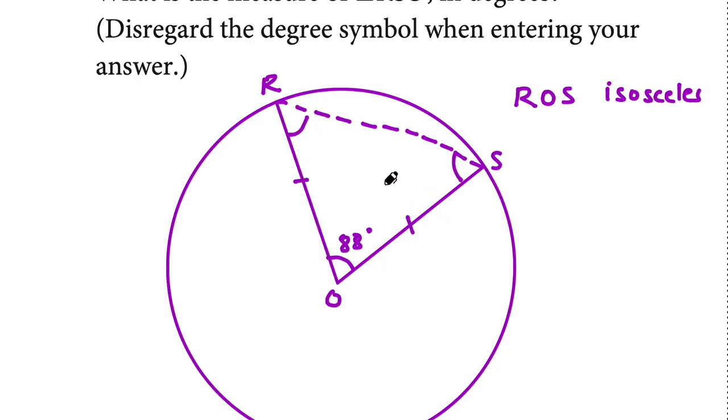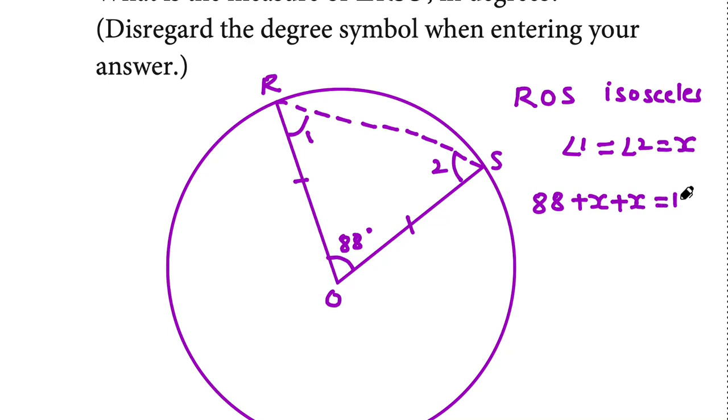If I apply the angle sum property of the triangle, let's say this is angle 1 and this is angle 2. In this case, angle 1 will be equal to angle 2, and let's name it x, because these both are the same. So the angle sum property says that 88 plus x plus x should be equal to 180 degrees.